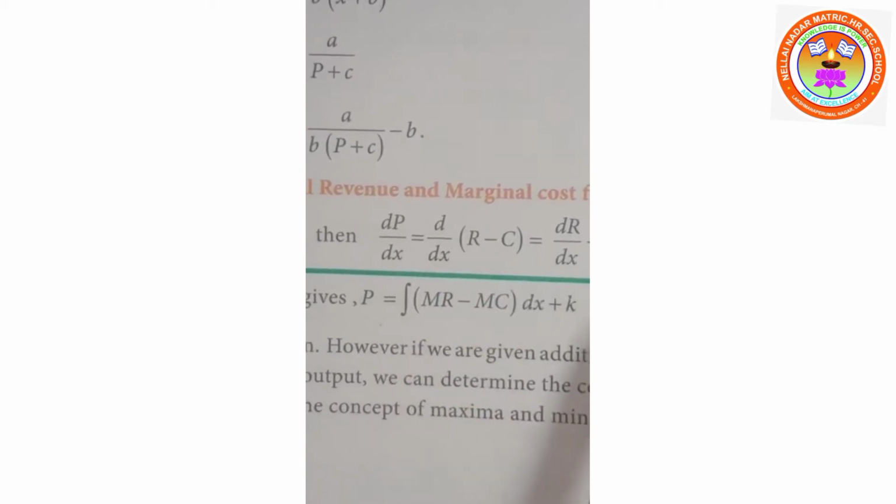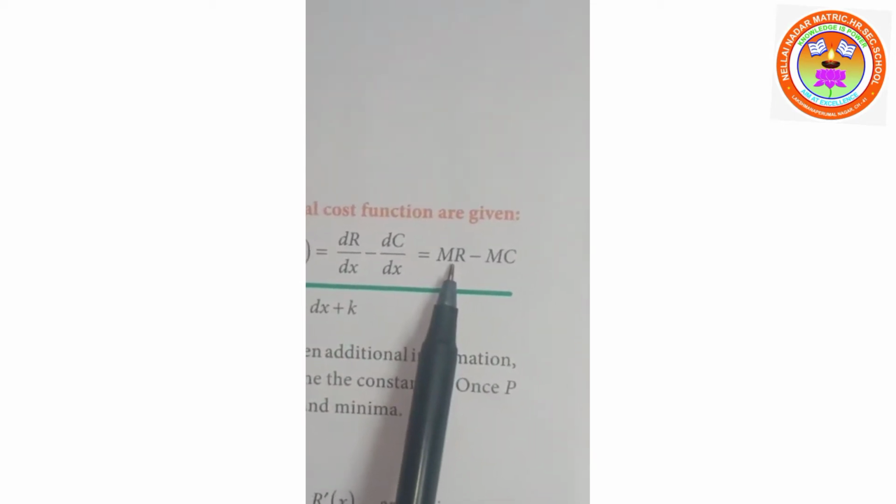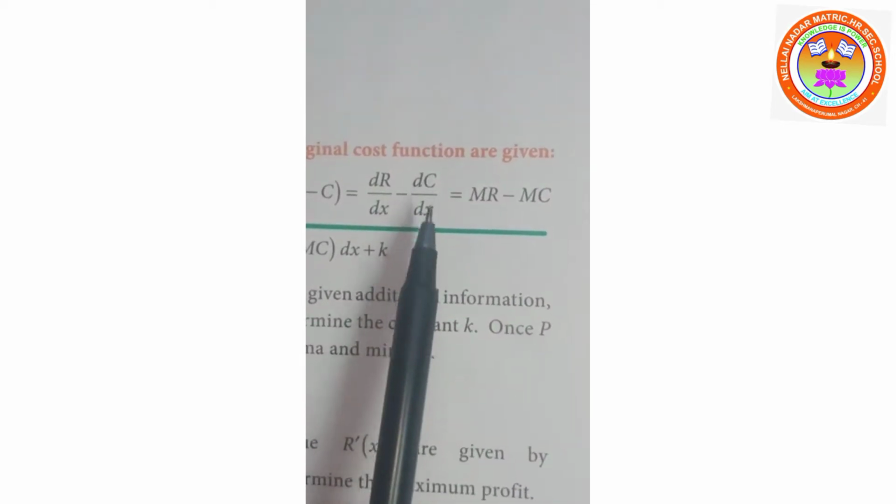So dR by dx minus dC by dx. You know very well, dR by dx is marginal revenue and dC by dx is marginal cost.